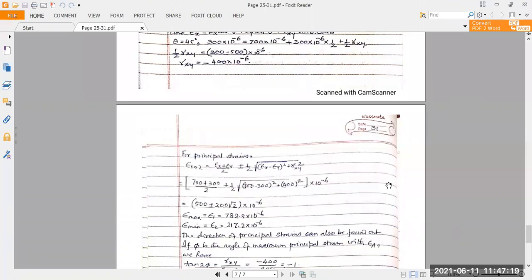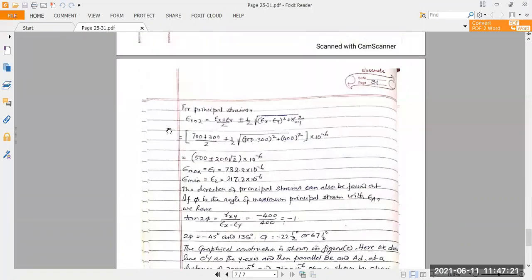Now, to calculate the principal strains, we know epsilon 1 and 2, the maximum or minimum principal strain, is epsilon x plus epsilon y divided by 2 plus minus half square root of epsilon x minus epsilon y whole square plus gamma xy whole square.